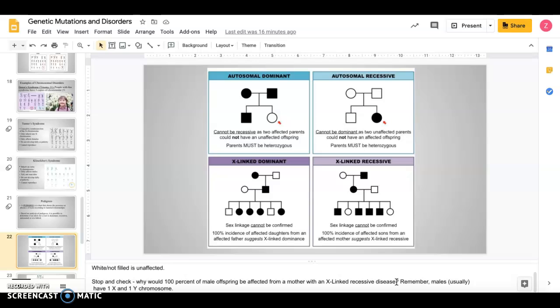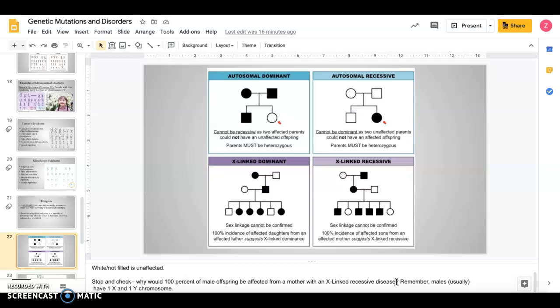Let's stop and check. Why would 100% of male offspring be affected from a mother with an X-linked recessive disease? Remember, males usually only have one X and one Y chromosome. So the reason is that males usually only have one X and one Y chromosome.